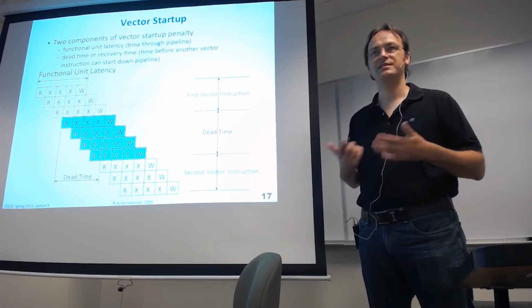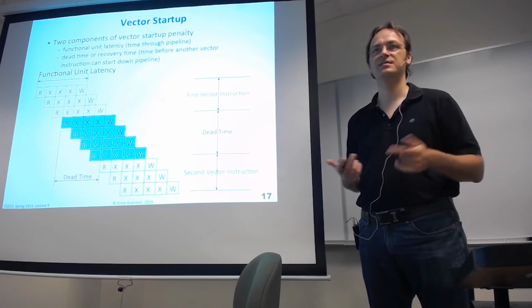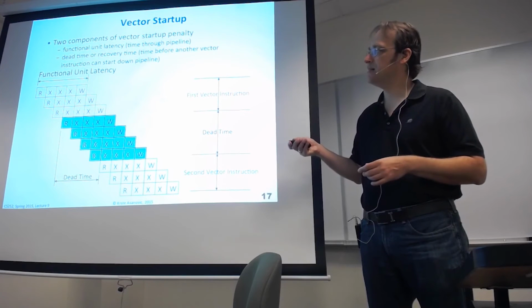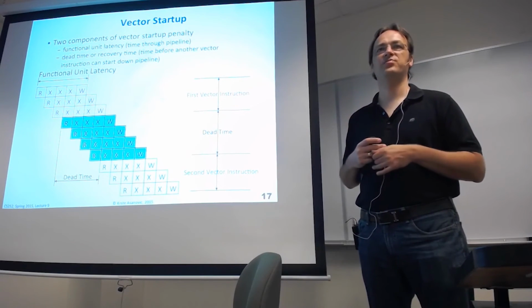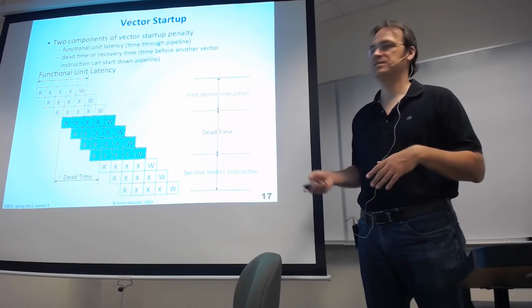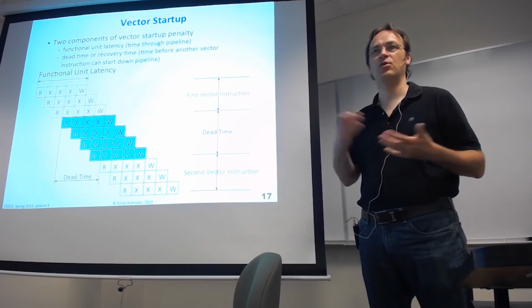The problem was, remember we said vector instructions were nice: you knew there were no hazards, and you could deeply pipeline those vector units. In the simple vector machines, they didn't actually have a separate instruction register for every stage in the pipeline. There's kind of one at the front that says what the pipeline is doing. So what this is all about is draining out the pipeline so you could change a register up front that told the pipeline what it's doing.